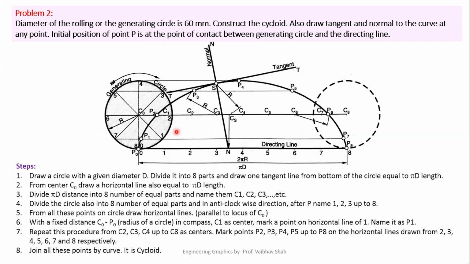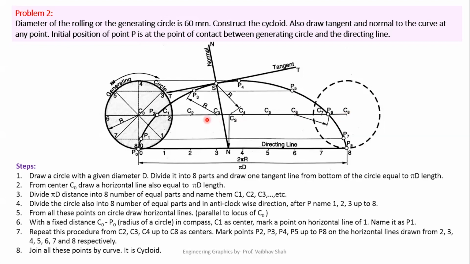After drawing this center line, we have to draw vertical line from this point 1 to locate the center point C1, vertical line from 2 to center point C2, vertical line from 3 to locate the center point C3, vertical line from point 4 to locate this center point C4, vertical line from this point 5 to locate C5, likewise C6, C7, and C8 would be located.